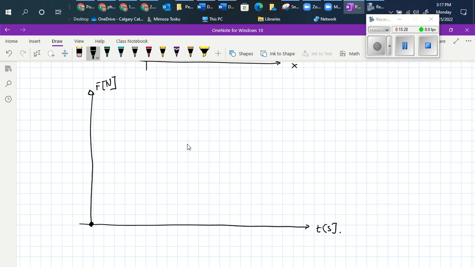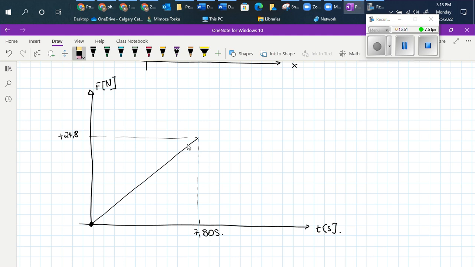It's starting from 0, 0, and it is going up to positive 24.8 newtons at 7.80 seconds.